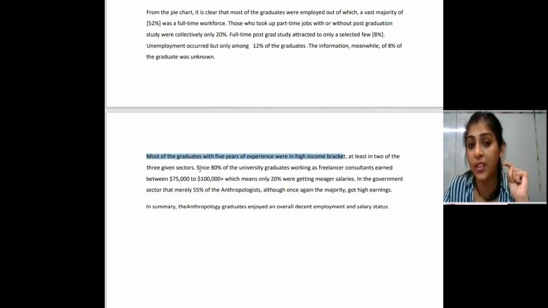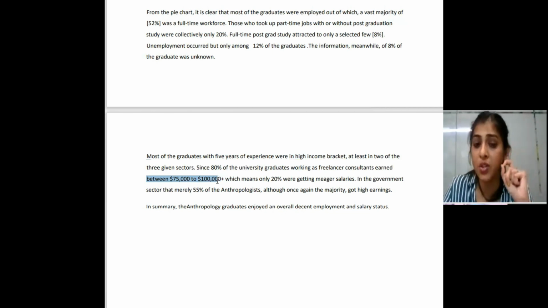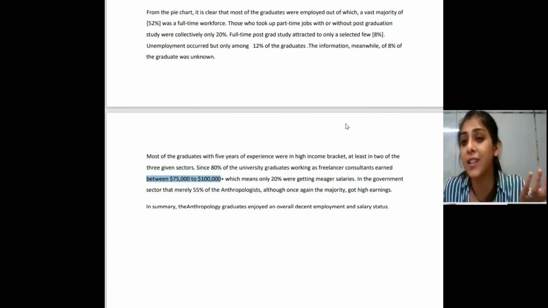This is a proof for that. 80% of the university graduates working as freelance consultants earned between $75,000 to $100,000 and plus, which means only 20% were getting meager salaries.